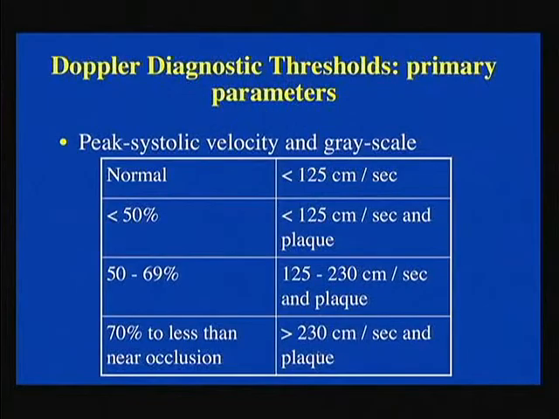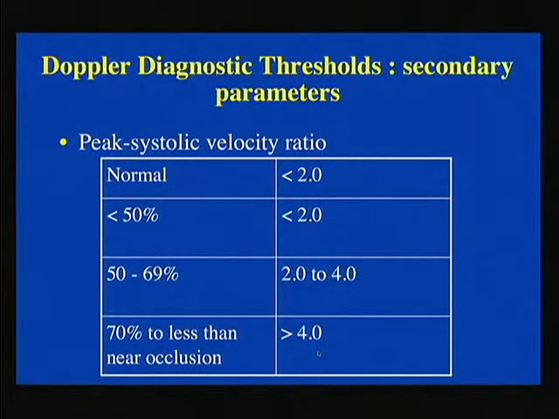So these numbers we've seen before. I mean, they're a good starting point. You don't necessarily have to use them in your own laboratory as long as you have had experience and use them to validate over time. These are the ratios. The 2 is not as solidly grounded. There are really not many papers. Actually, there's no paper that uses 2 to detect the presence of a 50% stenosis.